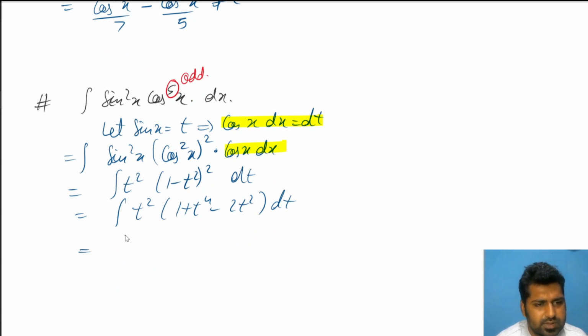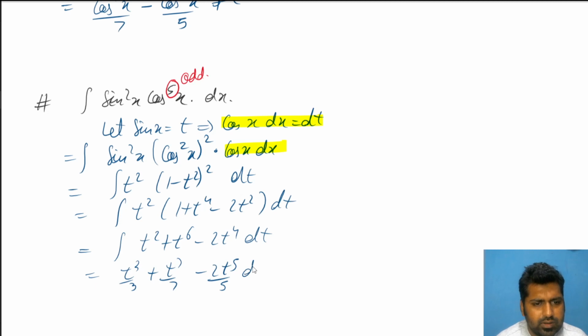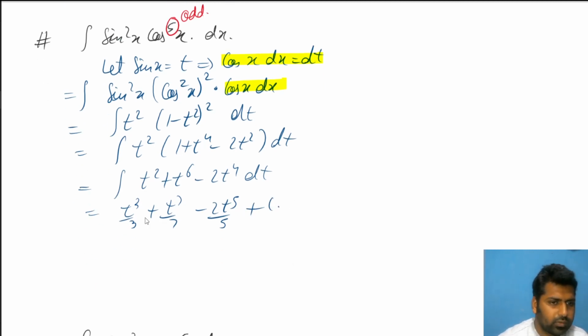So this becomes integration t raised to power 2 plus t raised to power 6 minus 2t raised to power 4 dt. So t cube by 3, t raised to power 7 by 7, 2t by 5 plus c. So this is t was sine, na?